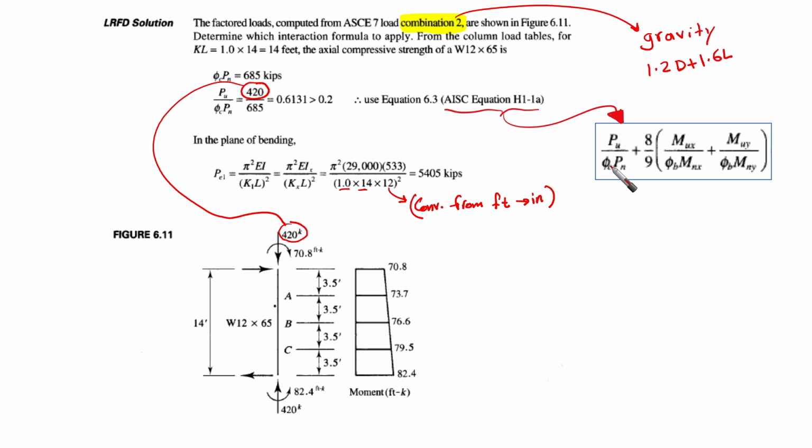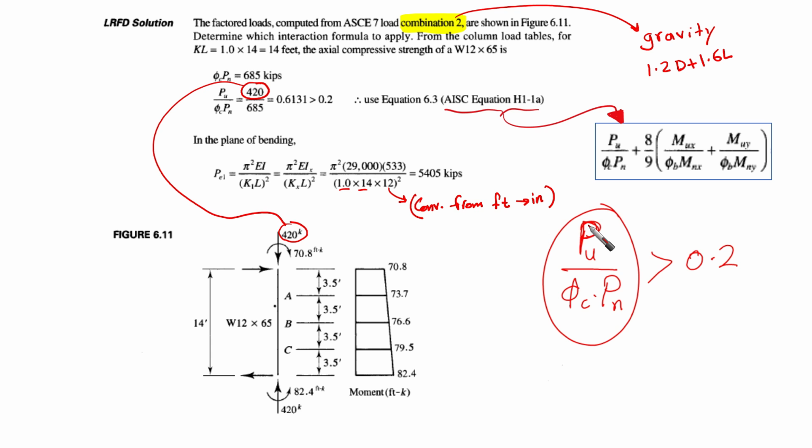Do you remember the equation that tells us which one? It is Pu over phi c times Pn, and we should compare it with 0.2. If it's larger than 0.2, this means that the axial force component is more dominant. In this case we are not going to reduce the axial force, we're going to reduce the moment slightly. But if it's less than 0.2, this means that we are going to use the other equation.